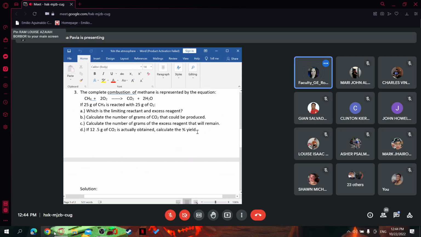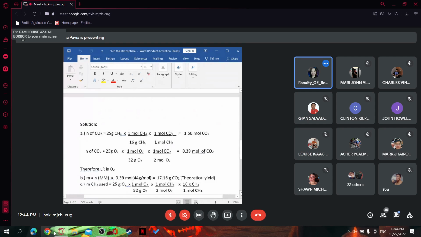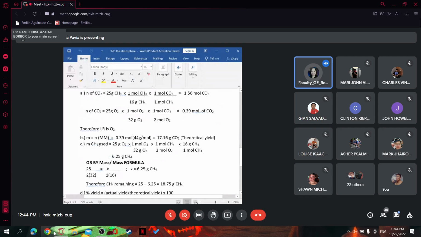Okay? So what you're going to do is determine, sa letter A, determine the limiting reactant, di ba? Ano yung unang mauubos para mag-stop yung reaction. So, determine the number of moles of CO2 kung gagamit ka ng methane as the limiting reactant.